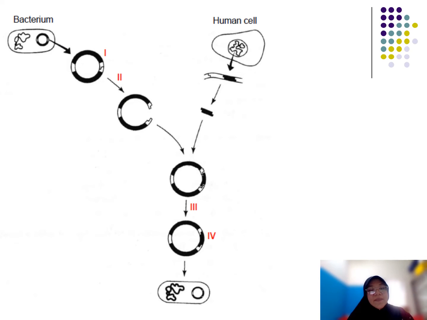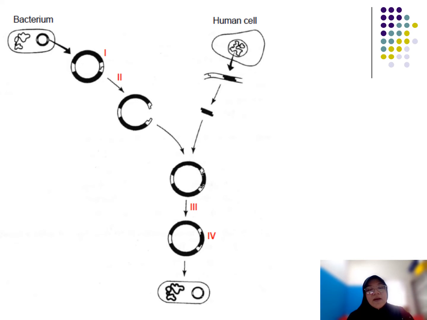So number one is the plasmid, and this is the human cell with the gene of interest, black color. Number two is the restriction endonuclease to cut the plasmid, producing sticky ends, and then the same restriction endonuclease is used to cut the gene of interest in the human cell.